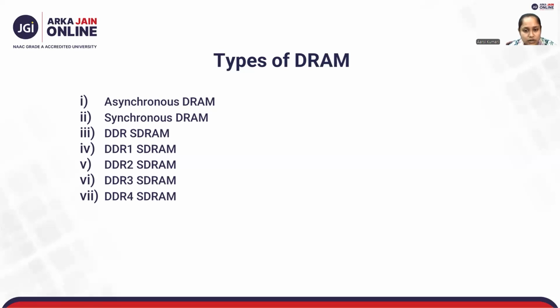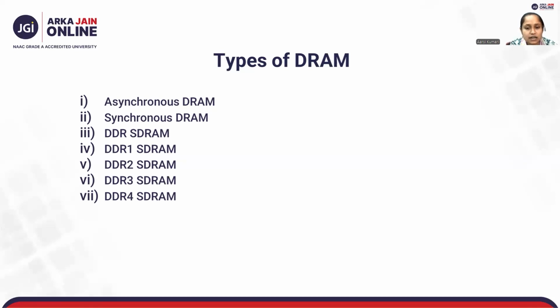So it is known as double data rate SDRAM. There are different generations of DDR SDRAM, which include DDR1, DDR2, DDR3, and DDR4. Today, the memory that we use inside the laptop, desktop, mobile, etc., is mostly either DDR3 or DDR4 RAM.